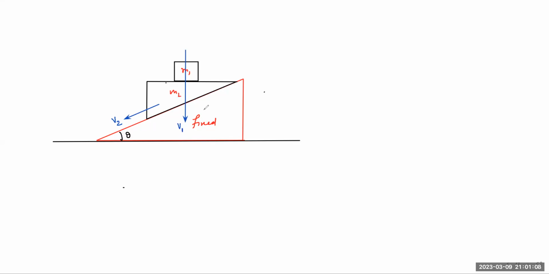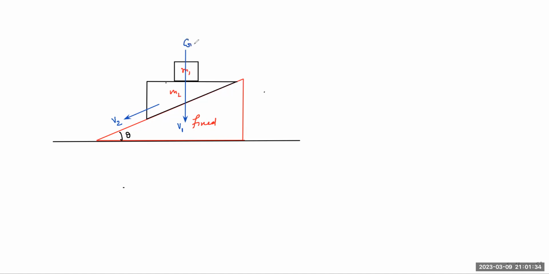And then what is the constraint here? How to relate V1, V2? V1 equals V2 sin theta. V1 equals V2 sin theta is the right answer. So V1 is already along the common normal.